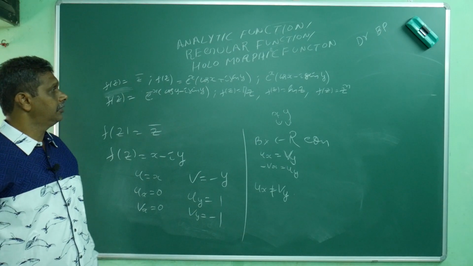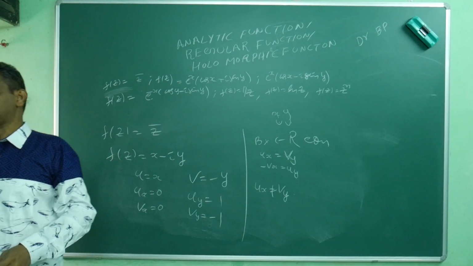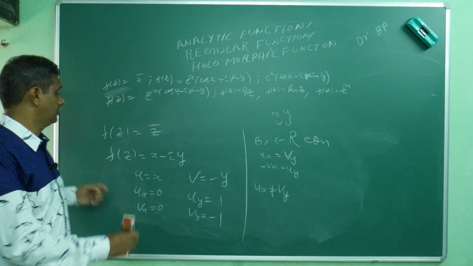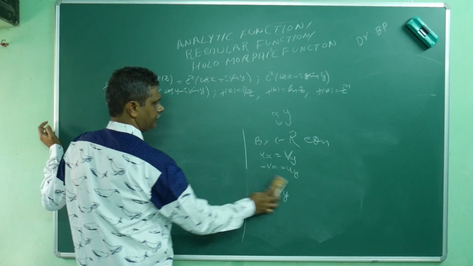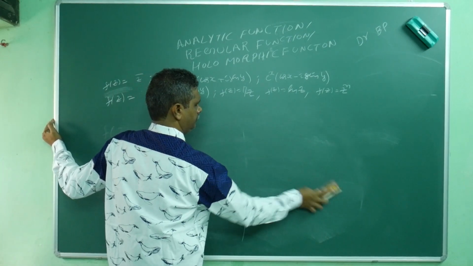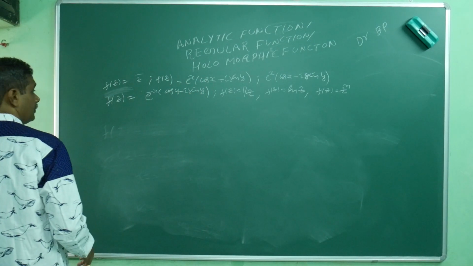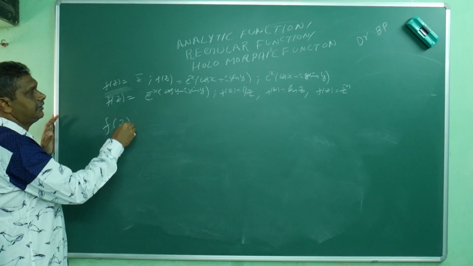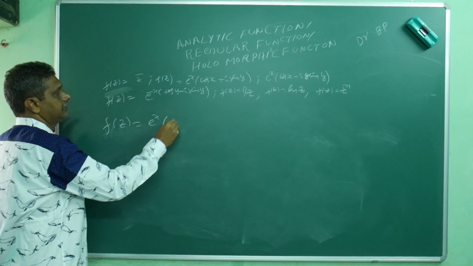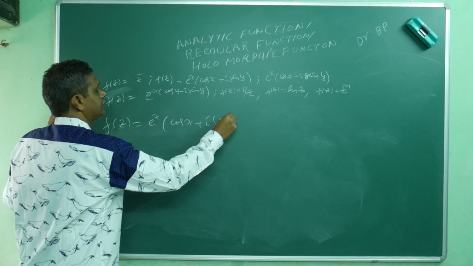That's it. Now I will do this problem, which is also a very good problem. f of z is equal to e power x into cos y plus i sin y.